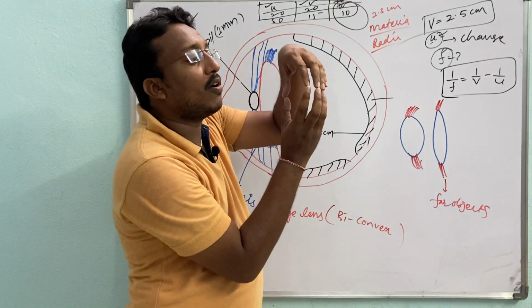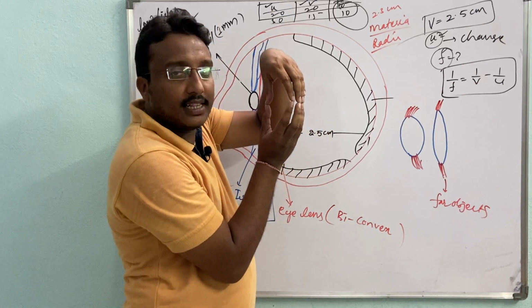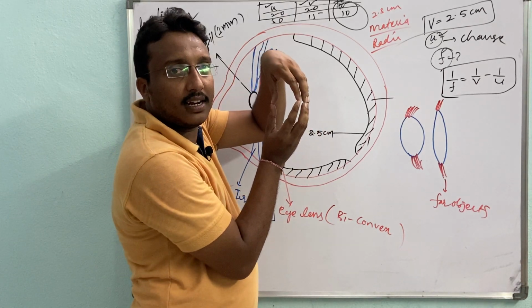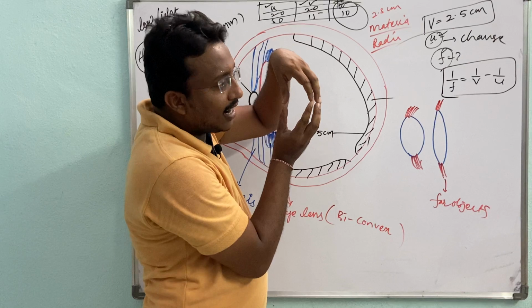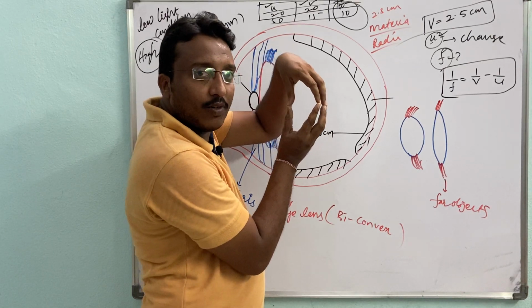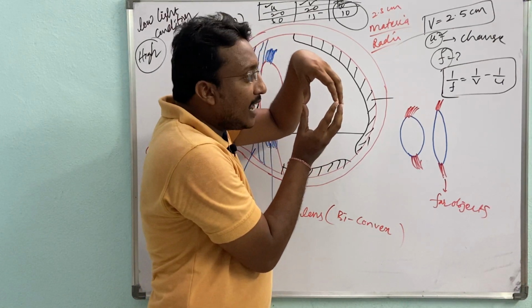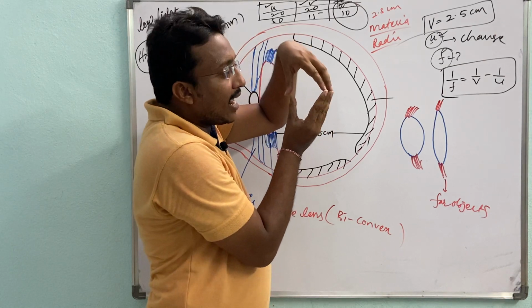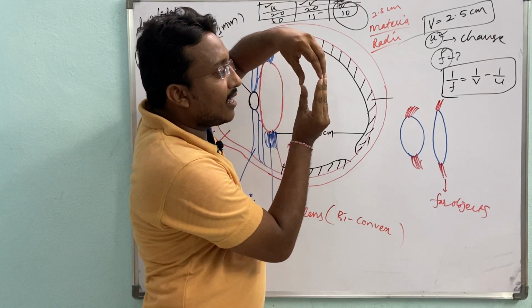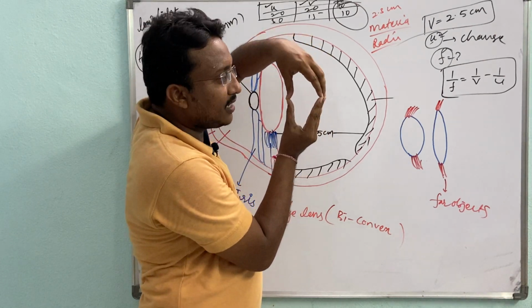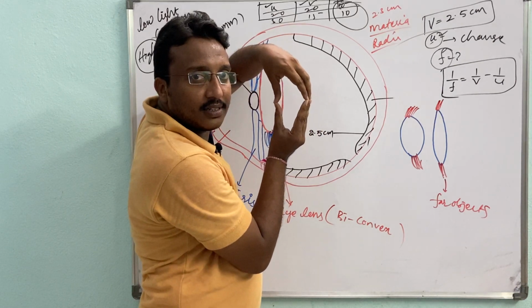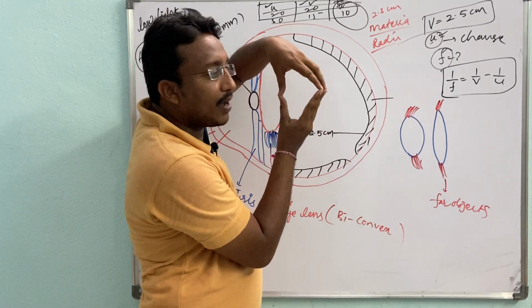Imagine that this is the shape of our lens. If we focus on far objects, the ciliary muscle pulls outward, and when it is pulled, the lens becomes thinner. Now it becomes thinner.